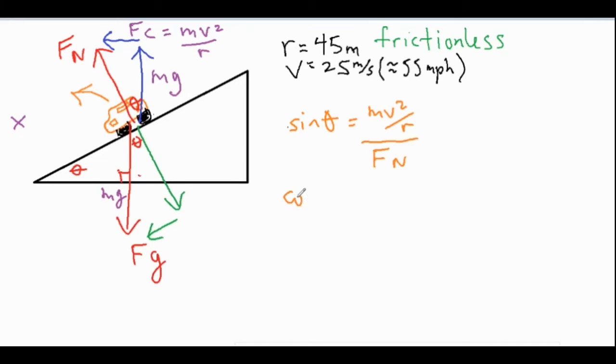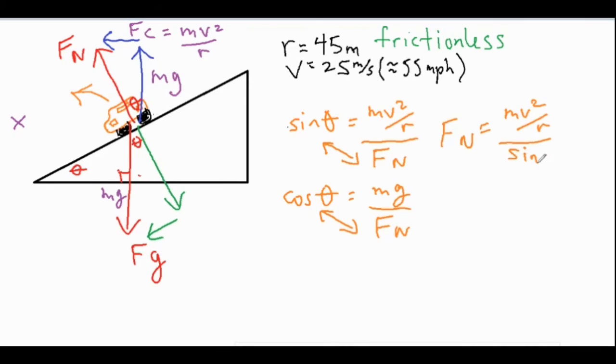And then if we take a look at the cosine, that's going to take our adjacent side, which is our mg, divided by the hypotenuse, which is also our Fn. So if we do a quick cross multiply, we could set this Fn equal to mv squared over r over sine theta, and this Fn would equal mg over the cosine of theta.